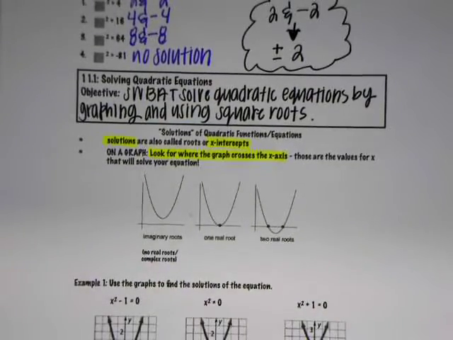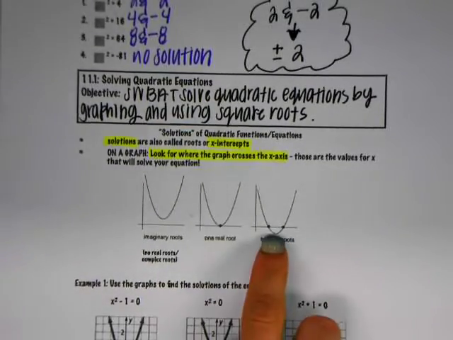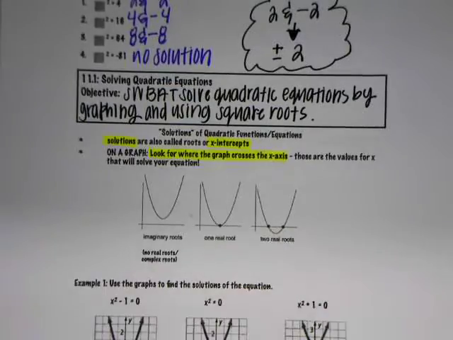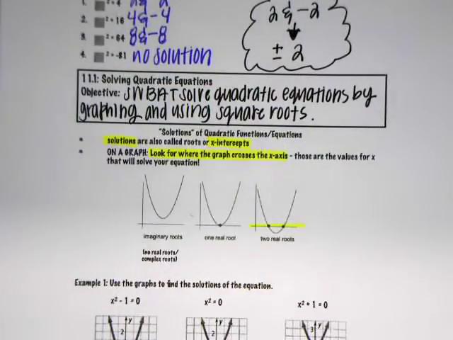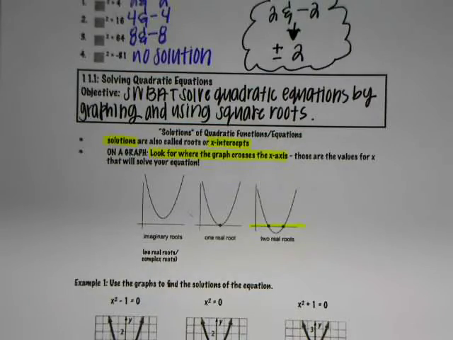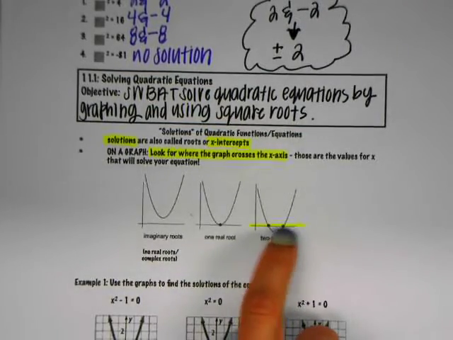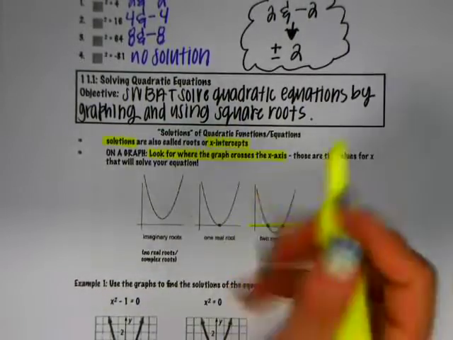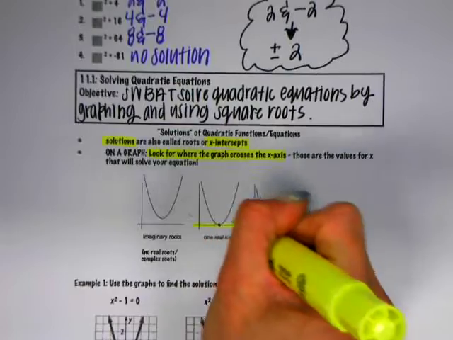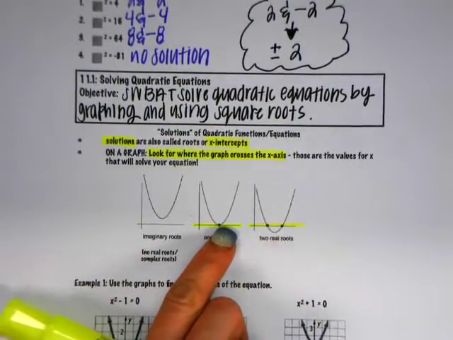So there are 3 different situations. If it crosses twice, which is the majority of the time, then you're going to have 2 answers, 2 real roots, 2 solutions, also called 2 zeros, wherever the x values are that they cross. If the vertex is on the x-axis, then you're going to have 1 answer, wherever it hits on the x-axis.